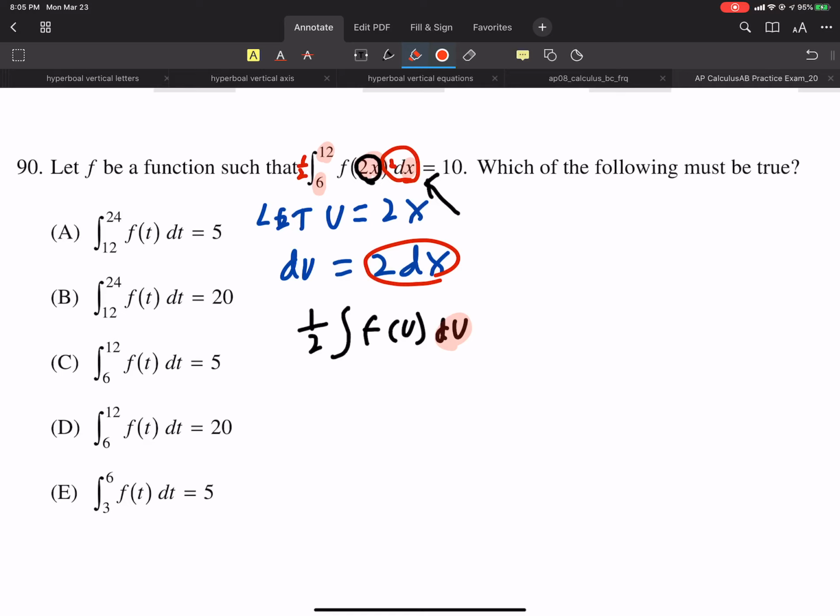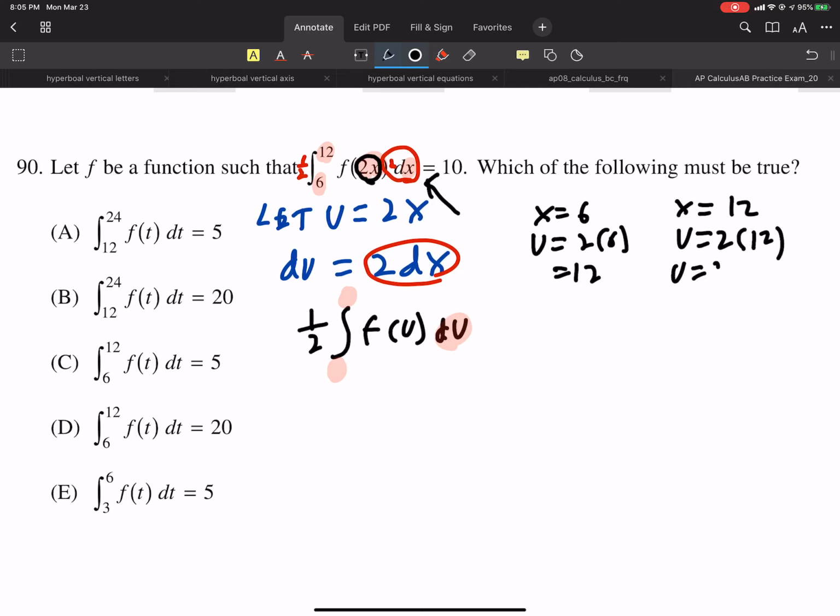When I have a du, I need to have values of u here and here. So when x equals 6, u equals 2 times 6, that's 12. When x equals 12, u equals 2 times 12, u is 24. So that changes to 12 and 24.